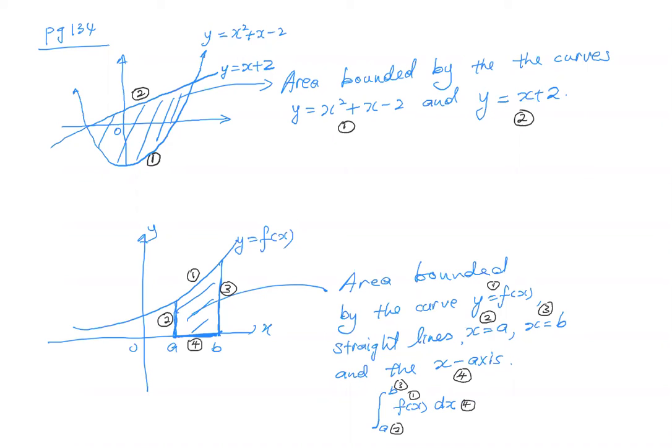And this one, area bounded by two curves, we have to know the intersection point first. That is this one and this one. Am I right? From your book, this is -2 and this is 2. So what you do is you have to integrate from those two limits.